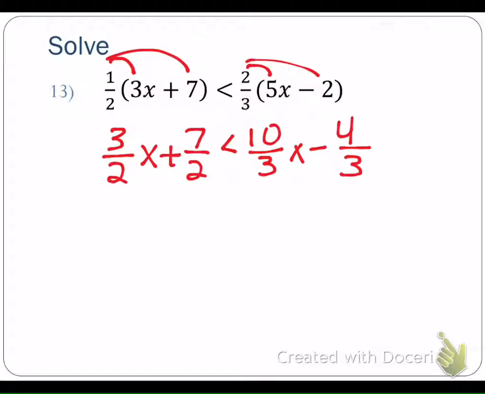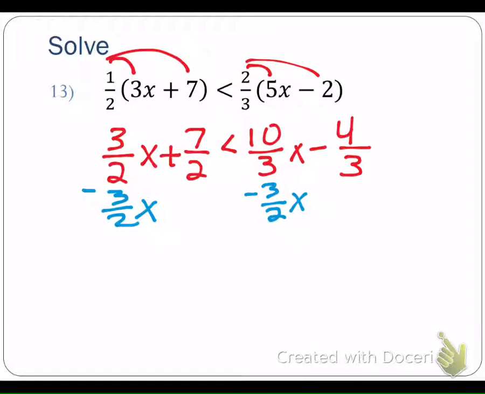Okay, let's get the x's together. So I will subtract 3 halves x. Denominator is 6. I'm going to do some work off to the side. Common denominator here would be 6.